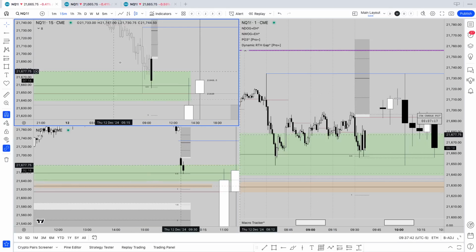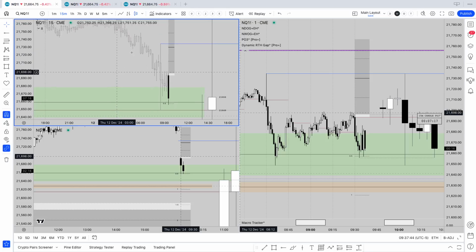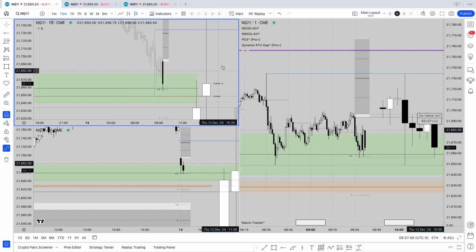So here I have the 15 minutes chart with the overnight price action and the gap and the weekly candle.